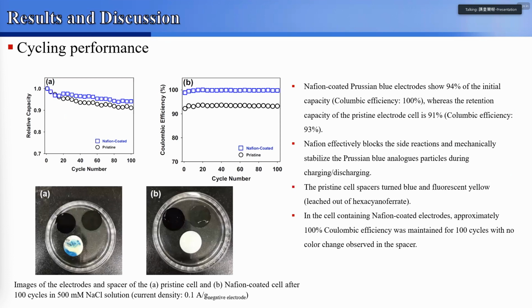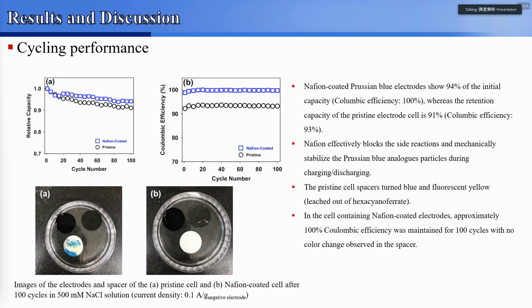And this page shows the cycling performance of pristine and Nafion coated electrodes. As you can see from the upper side of the figure, the Nafion coated Prussian blue shows 94% of the initial capacity with approximately 100% coulombic efficiency. On the other hand, the pristine electrode shows 90% of capacity after 100 cycles with 93% coulombic efficiency.